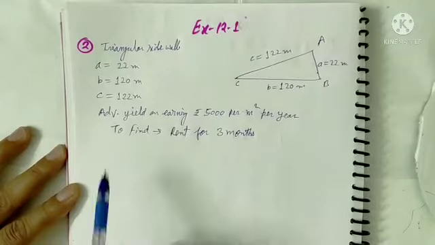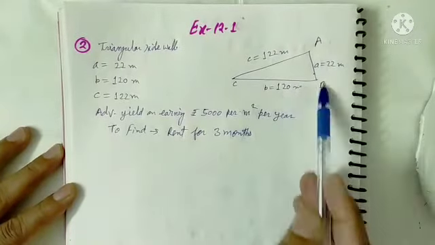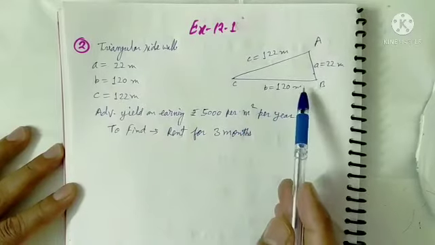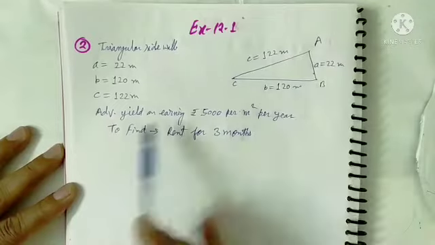Now question number two. Here this is a triangular side wall near an overbridge.